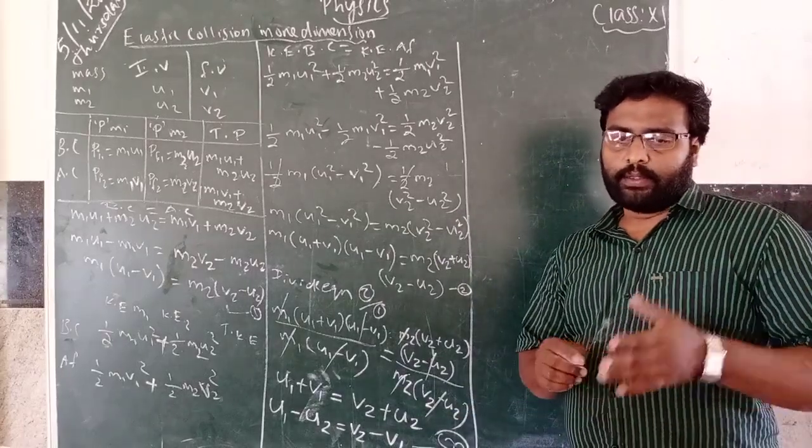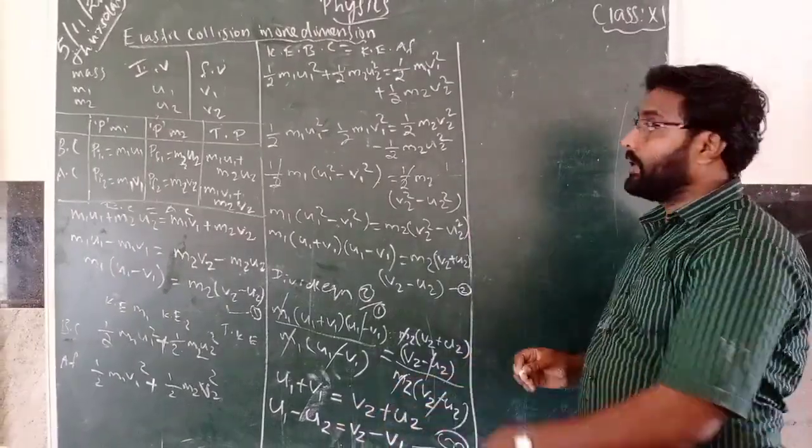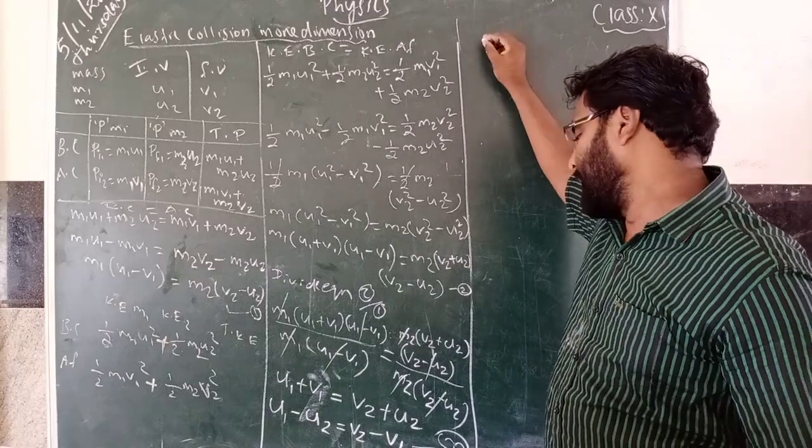Now you can find v1 and v2 from this equation. So again you have to rearrange.